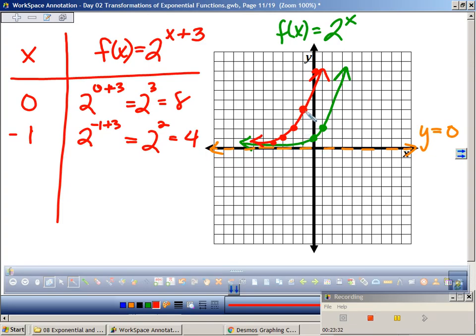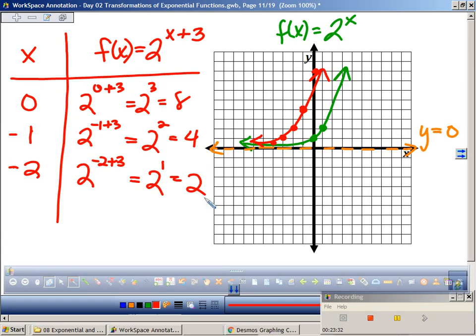I'm almost right on that one, right? Now let's try the -2. 2 to the -2 plus 3 is going to give me 2 to the 1, which is 2.